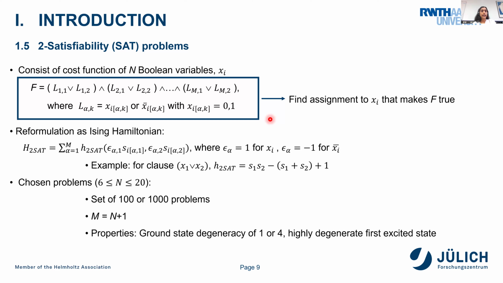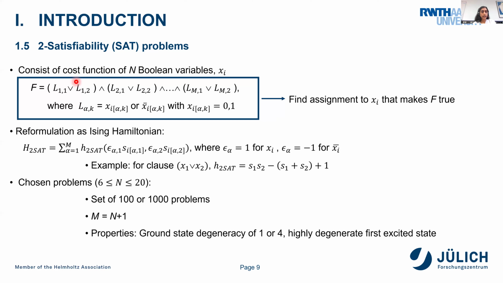Okay, so with this, I come to the set of problems that were used mainly for this work. These are the 2 satisfiability, or 2-SAT, problems. In these problems, we have the cost function, which is a function of n Boolean variables, which we denote as x_i. The cost function is a conjunction, an AND operator, between m clauses.